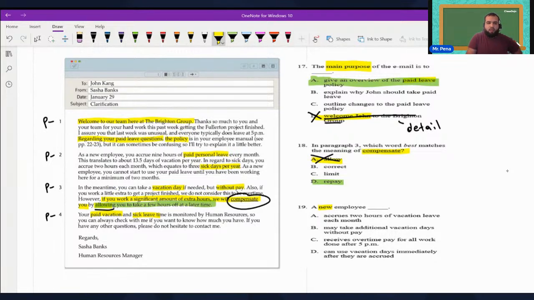This whole thing, oh look, right there, a new employee. You accrue 9 hours of paid personal leave. In regard to sick days, you accrue 2 hours each month.